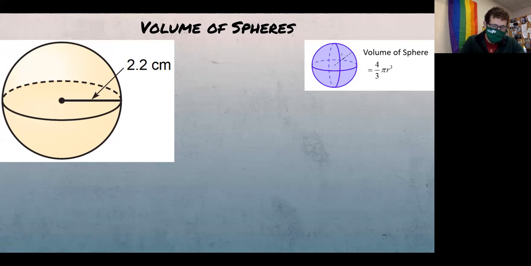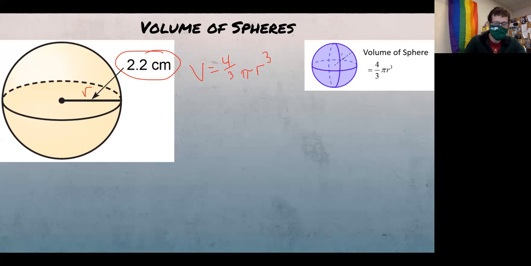So even though the volume formula for a prism is just area of the base times the height, that doesn't mean it's going to be an easy problem. The good thing about this formula, volume equals 4/3 times pi r cubed, is that we only need to know 1 dimension. We just need to know the radius. If we know that, we can calculate it.